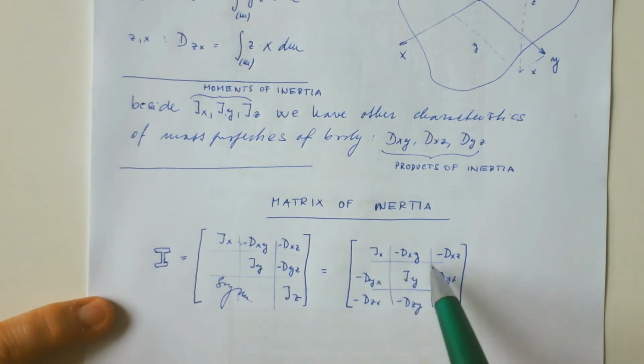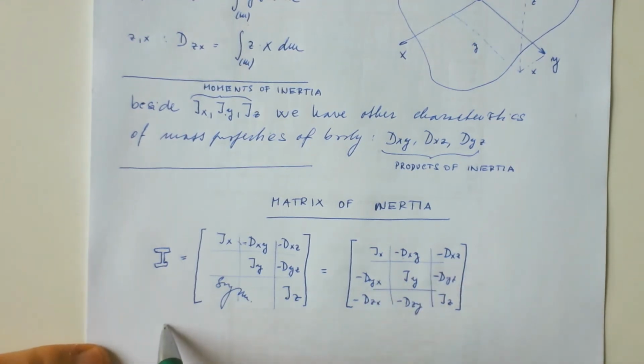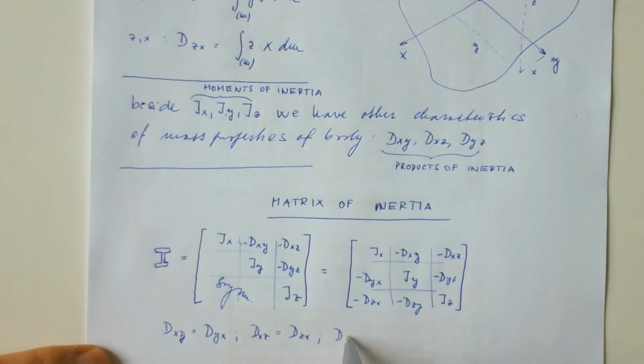Now you can ask, what is the difference between dxy and dyx? So it's very easy. dxy is equal to dyx, dxz is equal to dzx, and dyz is equal to dzy.